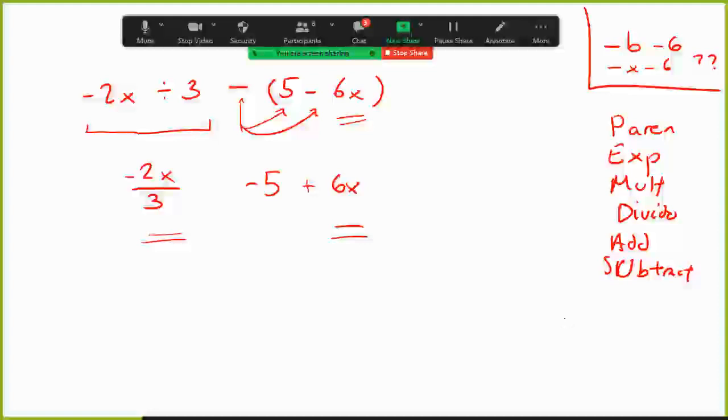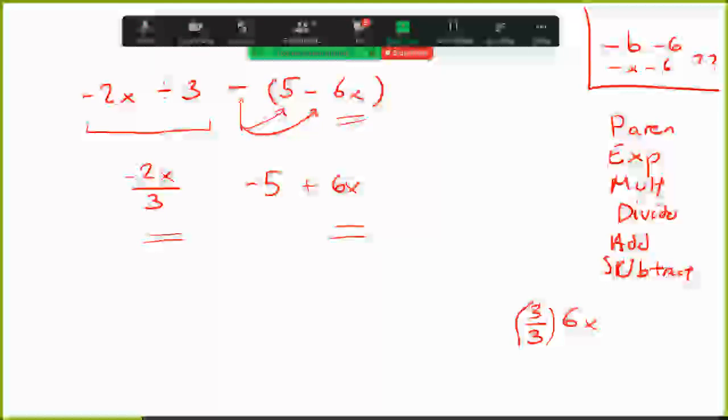So here's how I'm going to do that. I want it to be a fraction with a 3 in the denominator. So I'm going to multiply my 6x by 3/3, and it becomes 18/3 x. Don't lose the x. So back to the problem.